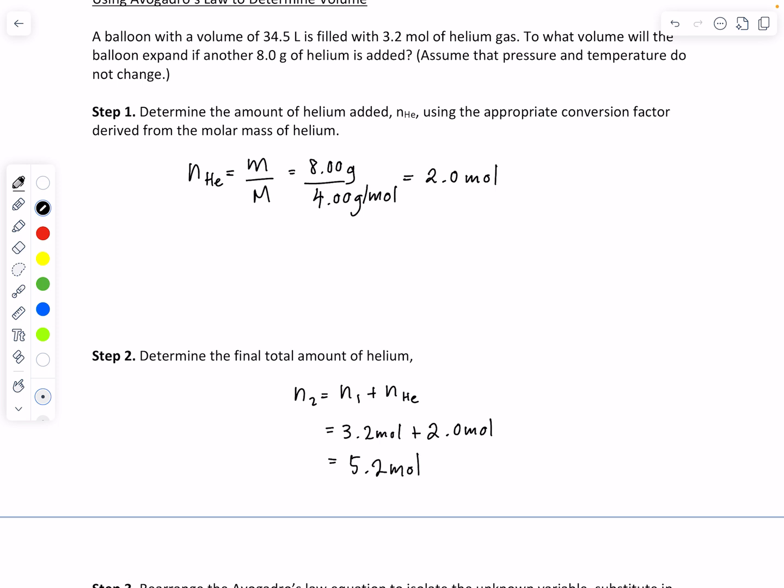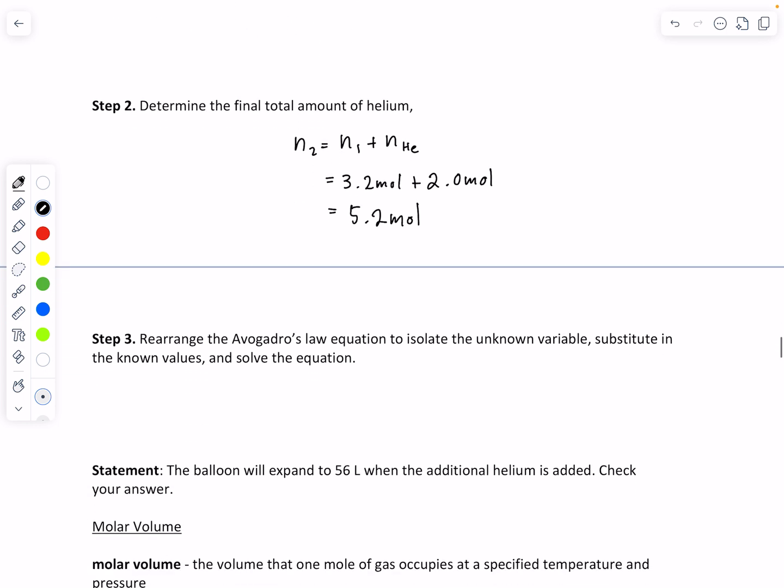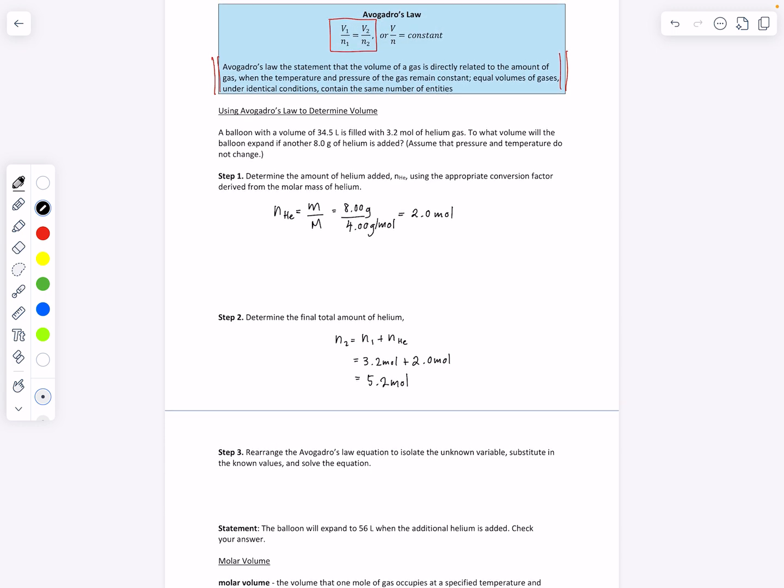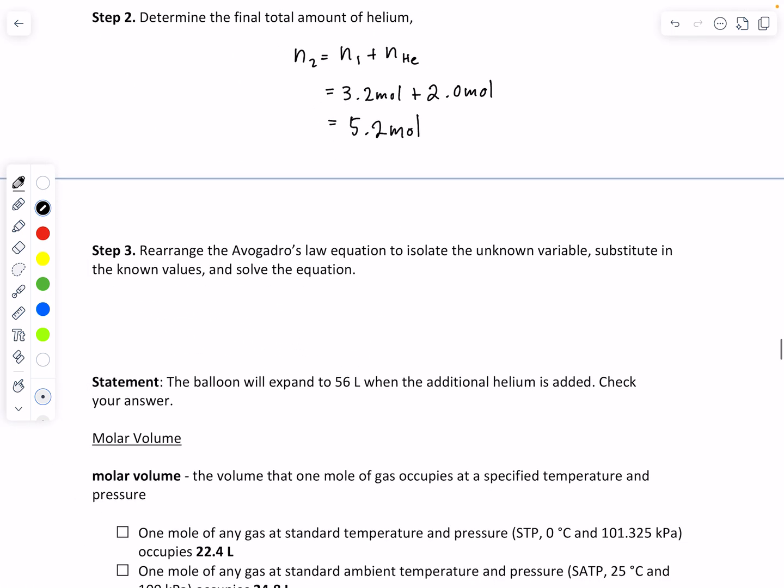Next, we want to rearrange Avogadro's law to isolate the unknown variable and substitute the known values. Avogadro's Law states that V1 over N1 equals V2 over N2. And we want to solve for the final volume after we add 2 additional moles of helium.